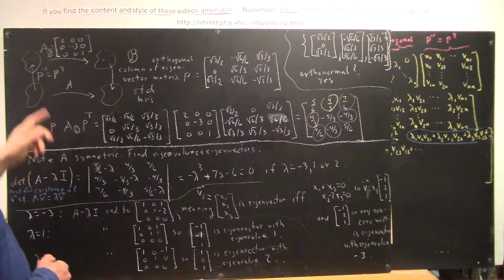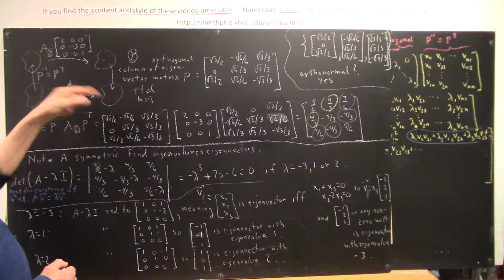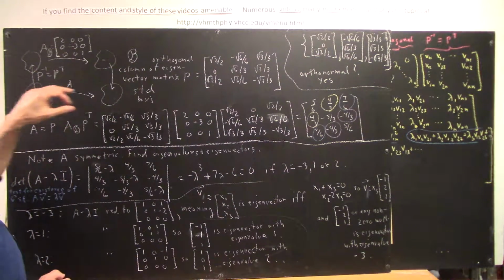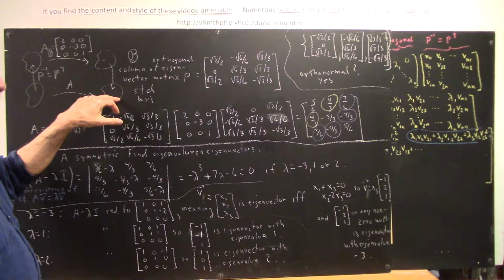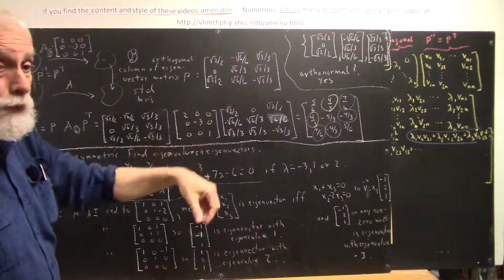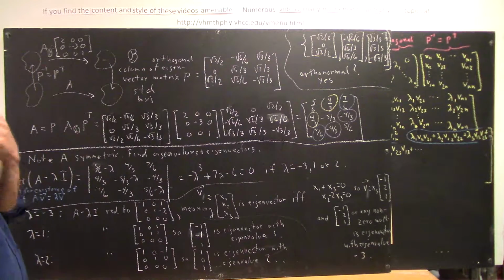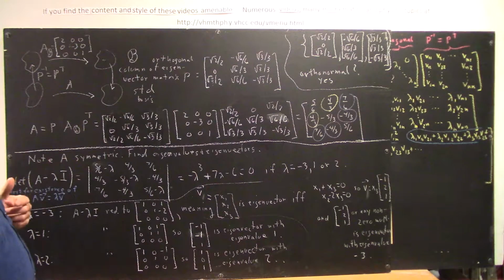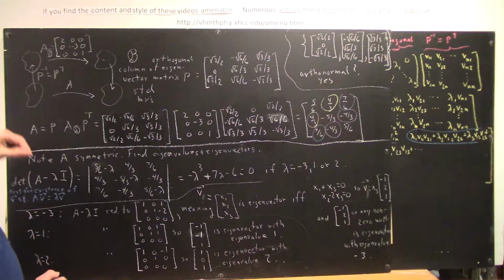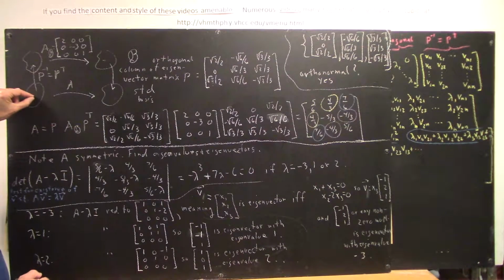So if we want to develop the matrix A that takes us from the standard basis to the standard basis with these three vectors as eigenvectors, with the three eigenvalues that we have here, all we have to do is think about what happens if we start here.